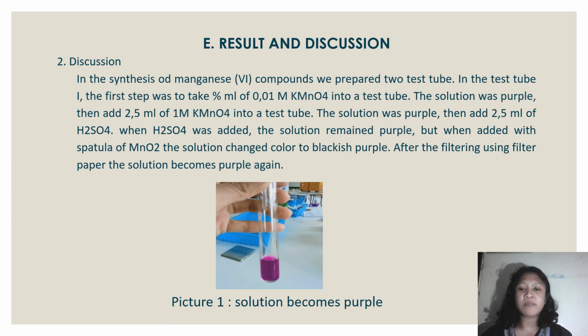The solution was purple. Then add 2.5 ml of sulfuric acid. When sulfuric acid was added, the solution remained purple. But when a spatula of mangan dioxide was added, the solution changed color to blackish purple. After filtering using filter paper, the solution becomes purple again.